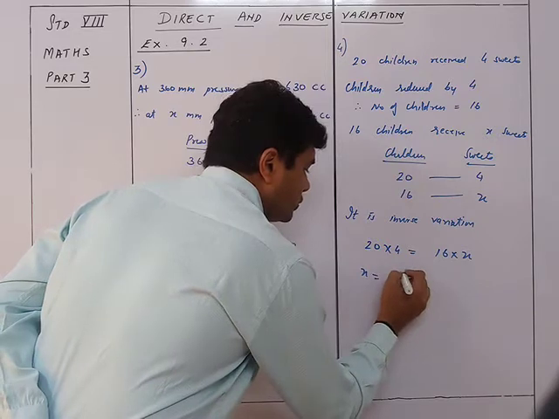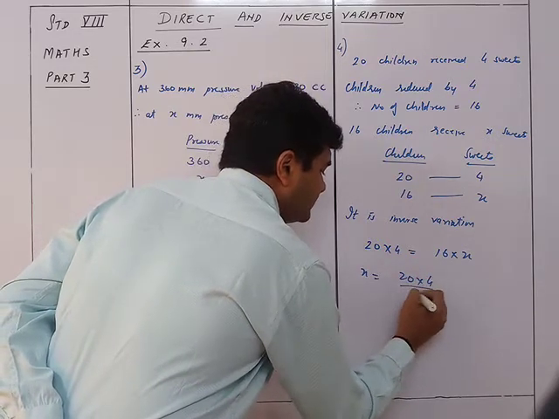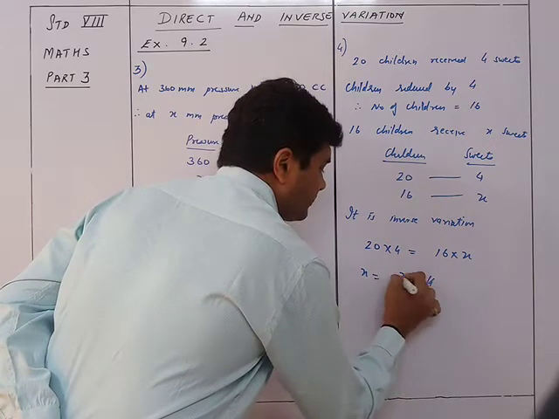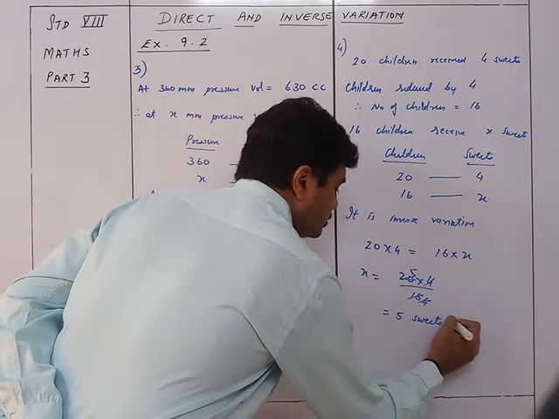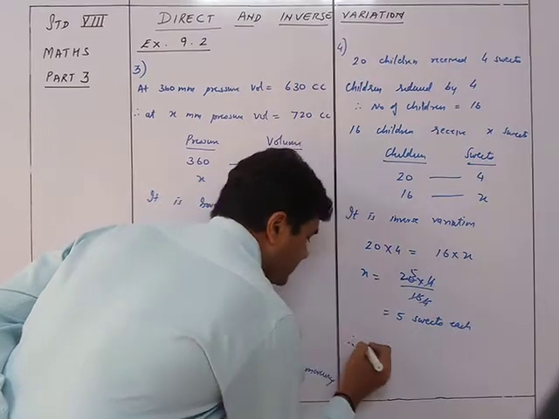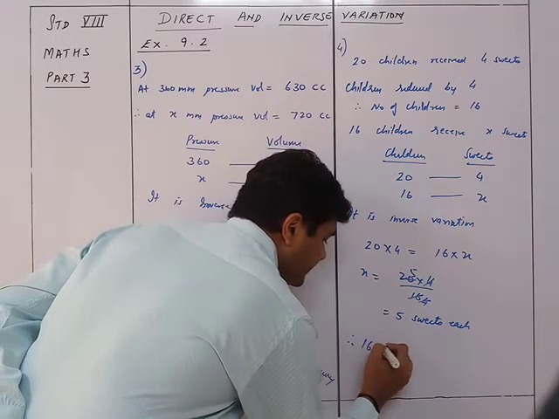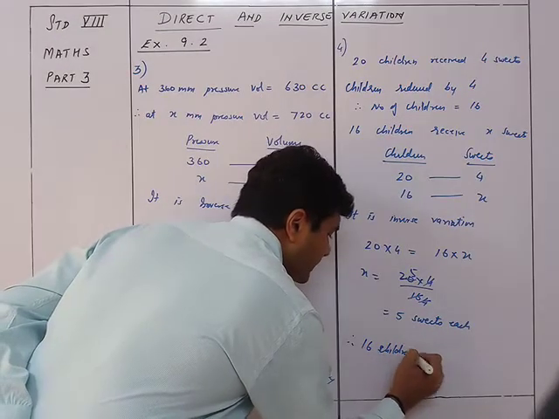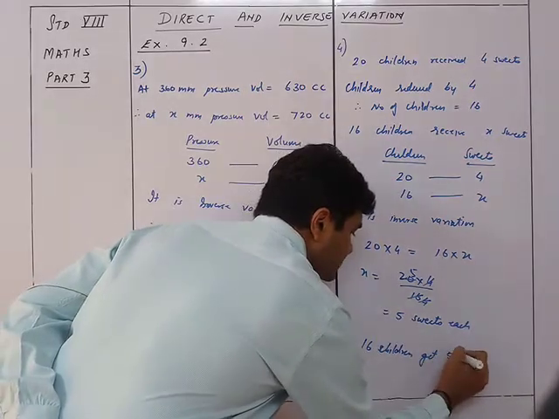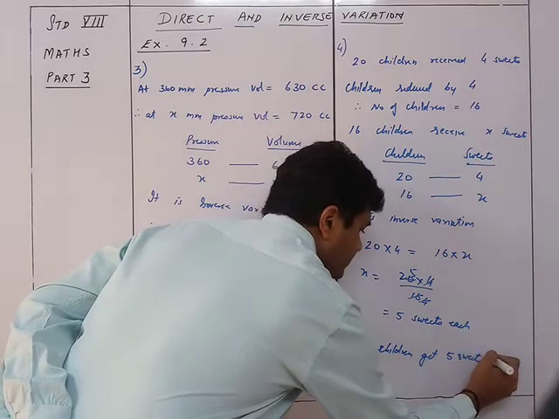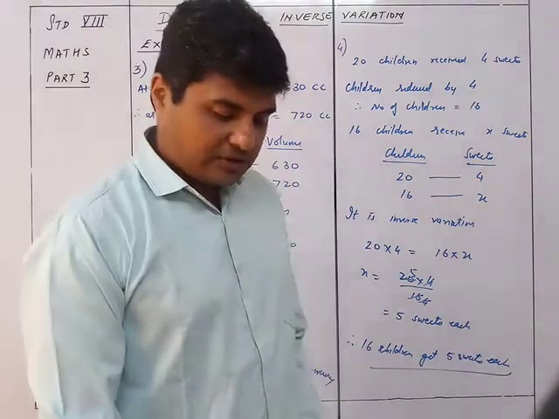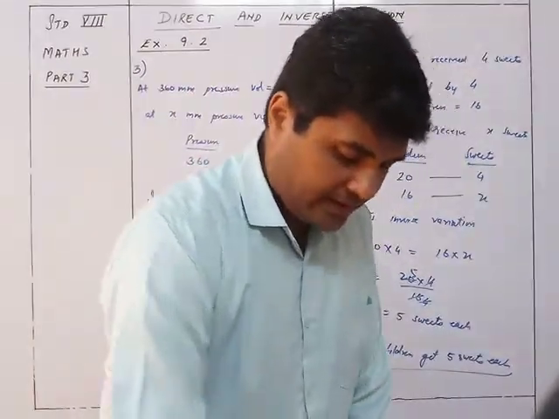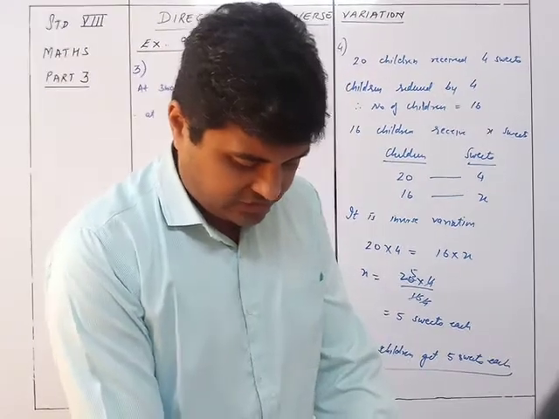So x is equal to 20 into 4 upon 16. So that will be 5 sweets each. So therefore 16 children get 5 sweets each. So that's the answer for sum number 4, that the students will get 5 sweets each.